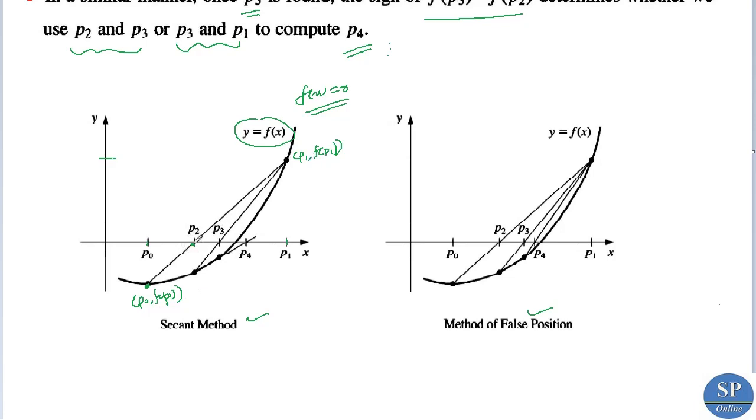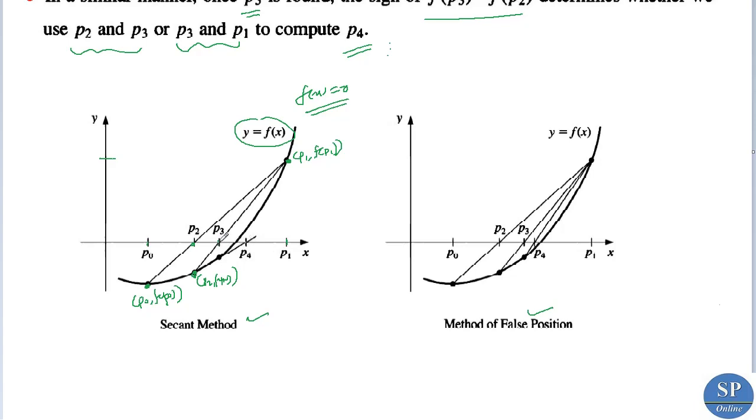Using this we can find the point P2 comma f of P2, and P3 will be considered as the x-intercept of the line joining the points P1 comma f of P1 and P2 comma f of P2, etc. So in that case, we obtain the next P3, P4, etc. But here, P4 will be this.